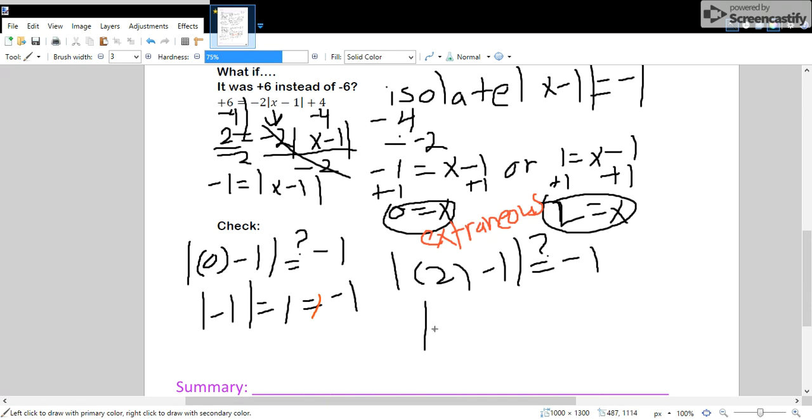Well, 2 minus 1 is 1. The absolute value of 1 is 1. But does that equal -1? No, that doesn't equal -1 either. So both of these answers are not real solutions. They are extraneous solutions.